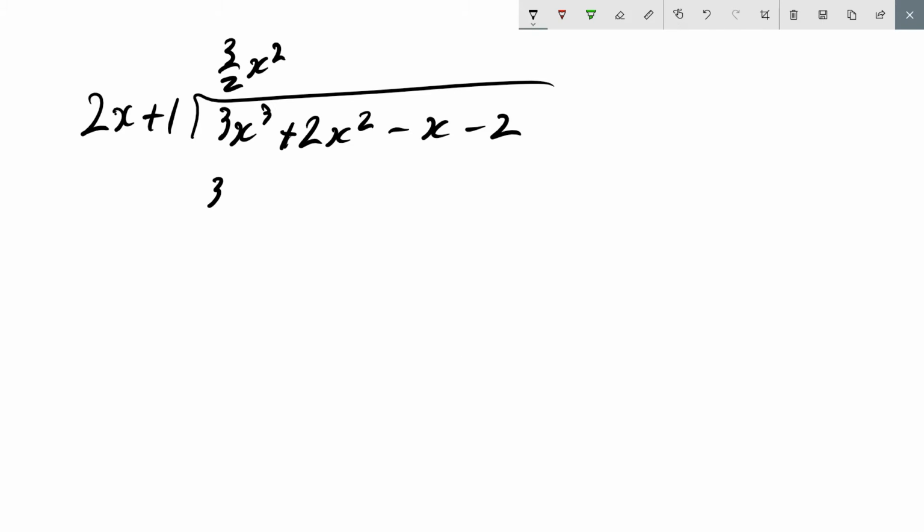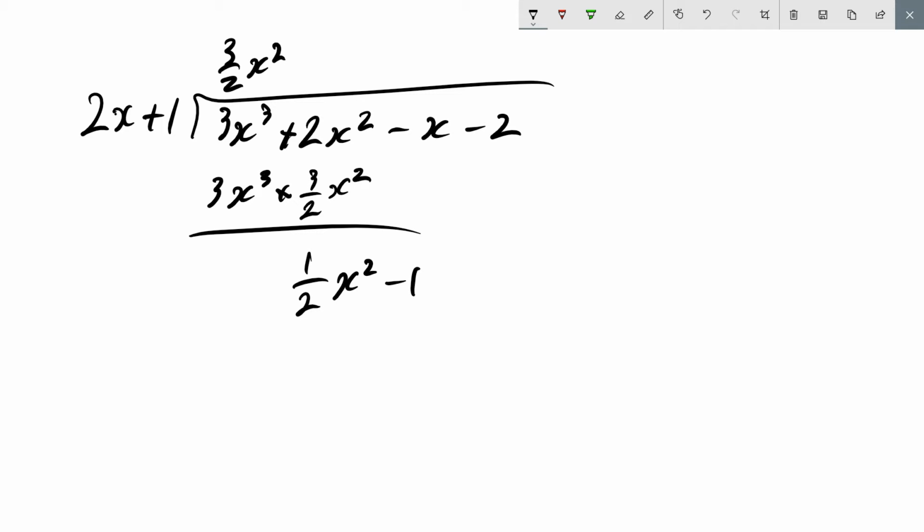So I'm going to be left with 3x cubed plus 3 over 2 x squared. Subtract, 3 over 2, that's leaving a half x squared minus x. Now I'm going to have to times by x something. The coefficient for my x term will be a quarter.